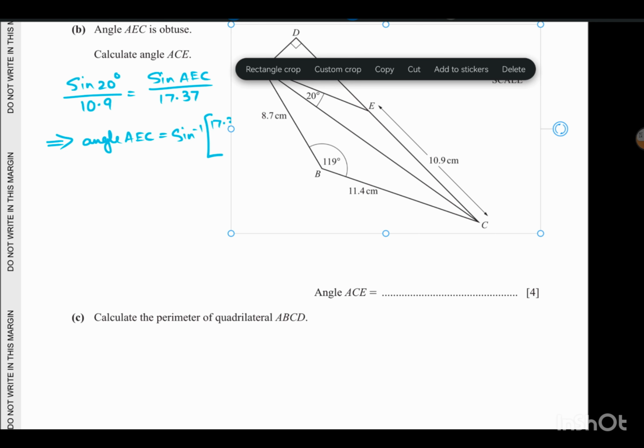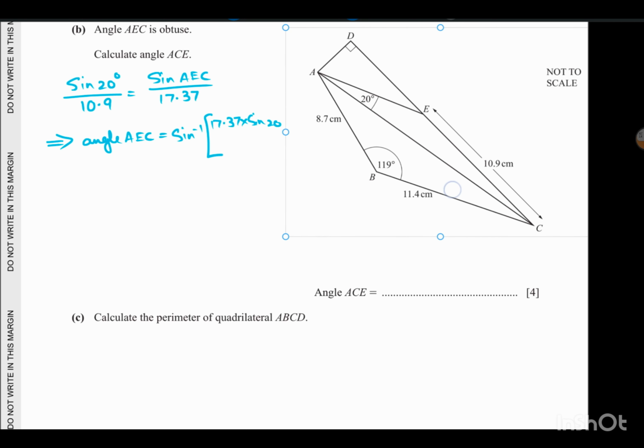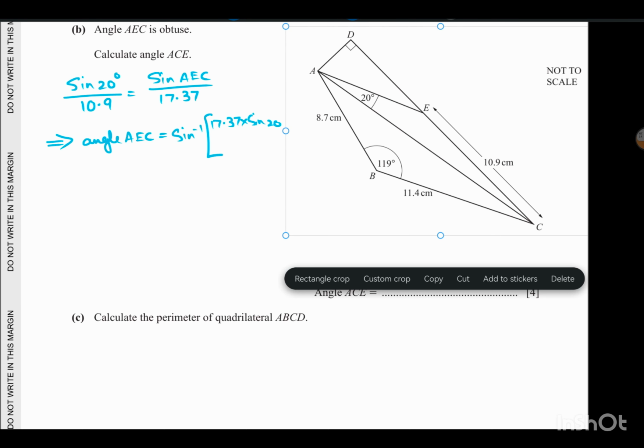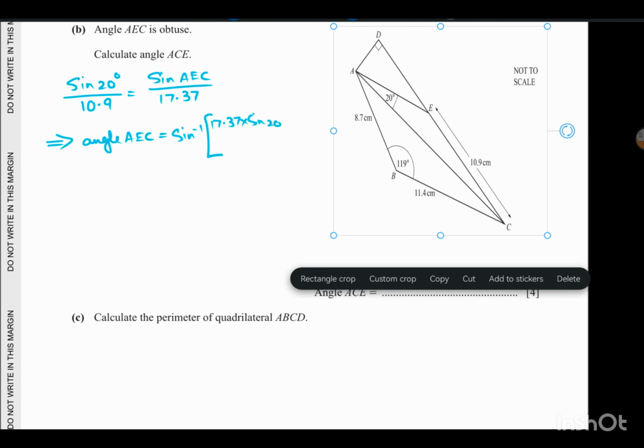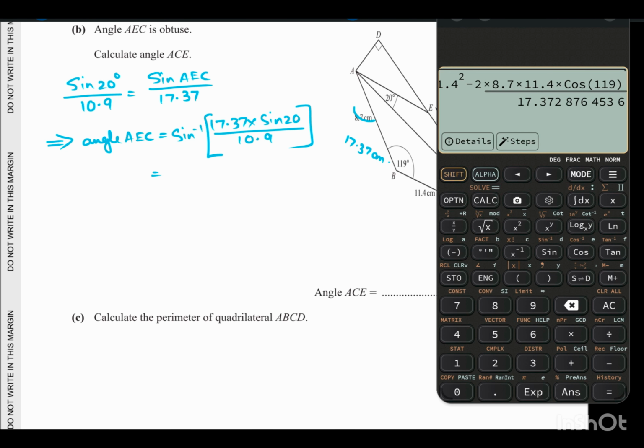Okay, let me move this diagram a little bit. Sine 20, or let me squeeze it like this. Sine 20, 17.37 into sine 20 by 10.9. Find out using calculator.